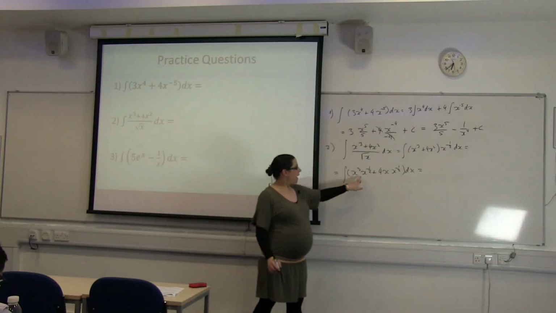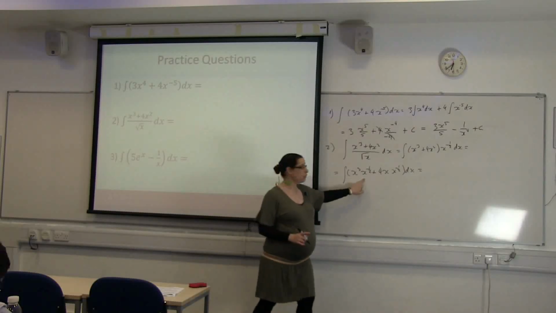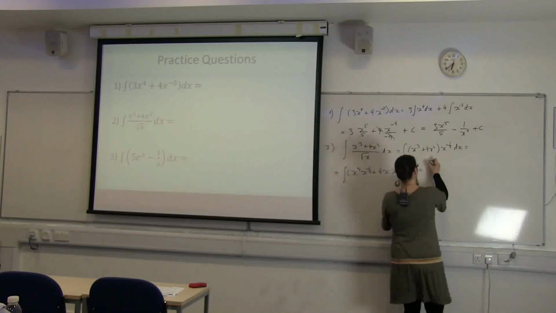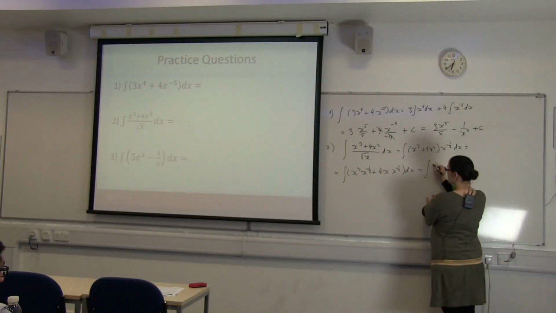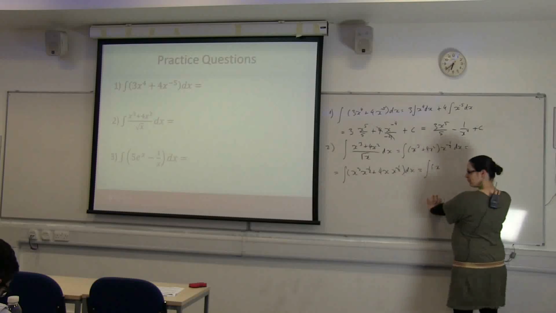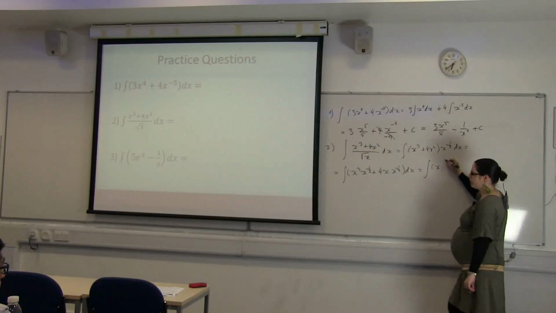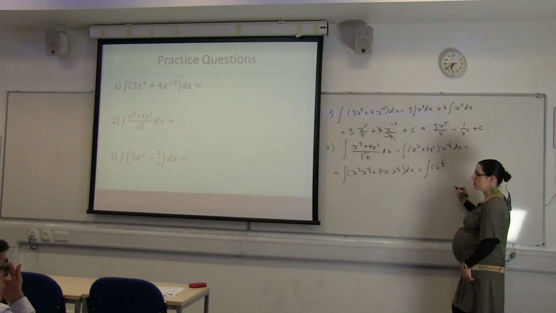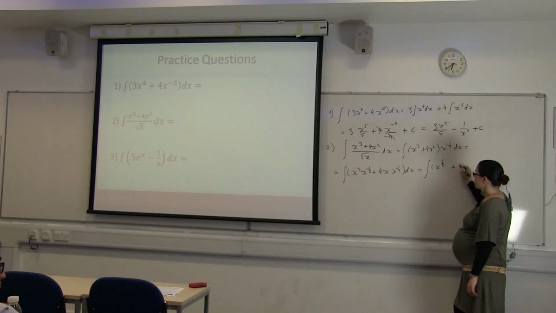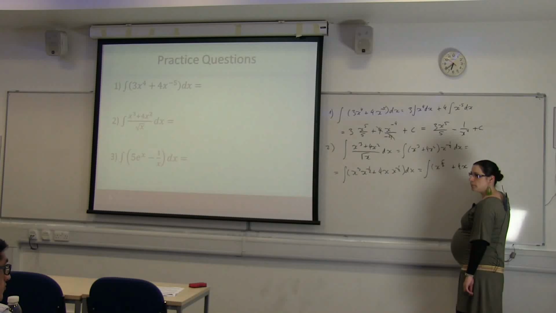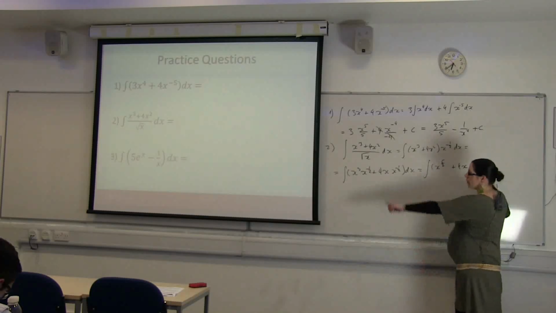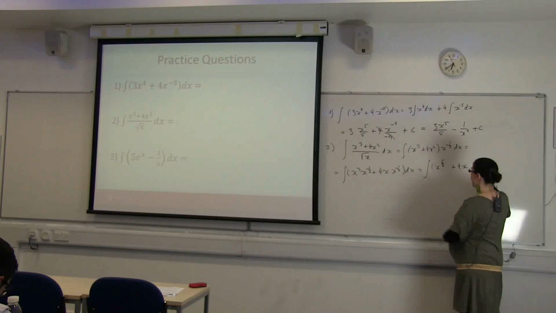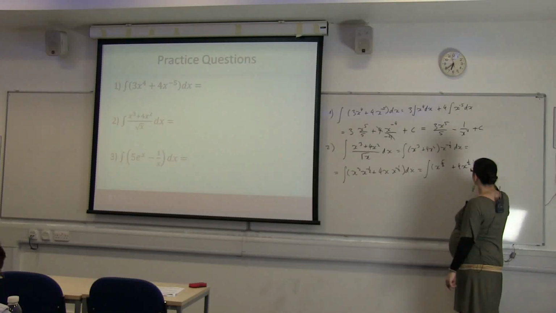And again, I can use the rules of indices. If I multiply the same bases together, what do I need to do to the powers? Add them. So this will be x to the 5 over 2, I'm going to keep it as 5 over 2 rather than 2.5, plus 4 times x to the 1 over 2, positive half, because this is 1, take away negative half gives you positive half, dx.